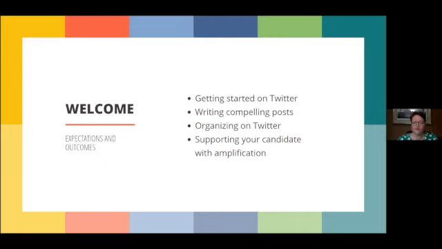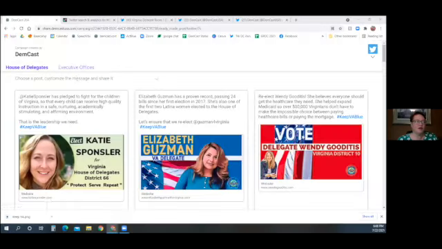So I'm going to drop something in the chat. This is a link to what we call our social share toolkit. I'm going to change the screen so you can see what it looks like. There we go. This is pre-written tweets that you can post.